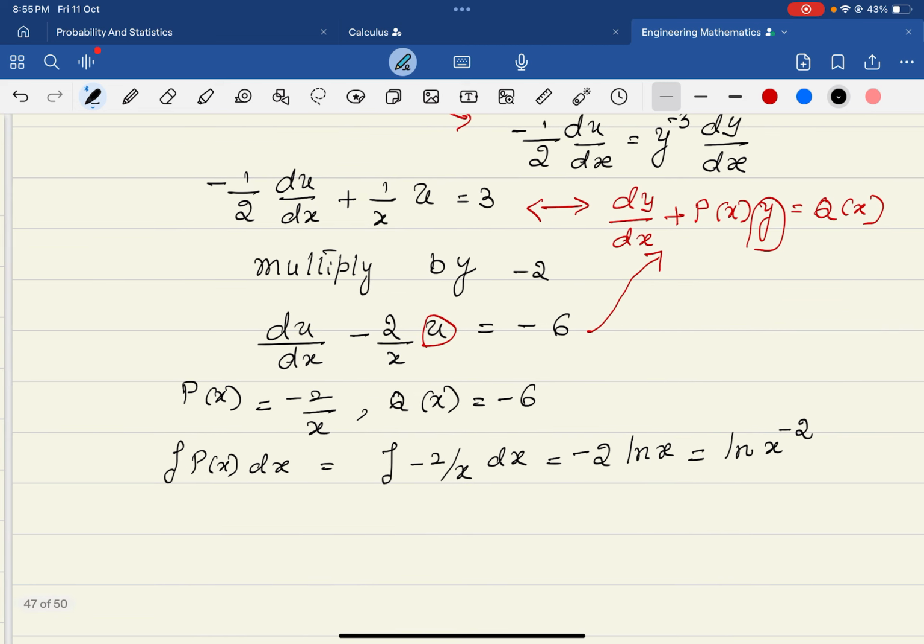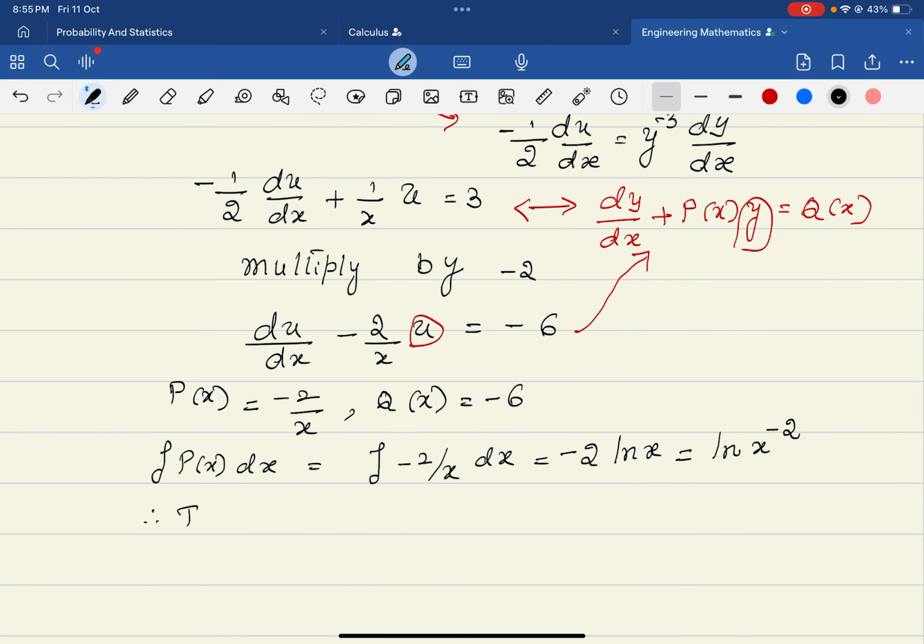So now what is the integrating factor? The integrating factor is given by e raised to integral of p of x dx. So that gives you e raised to ln of x power minus 2, which gives you x power minus 2. So this is the integrating factor.